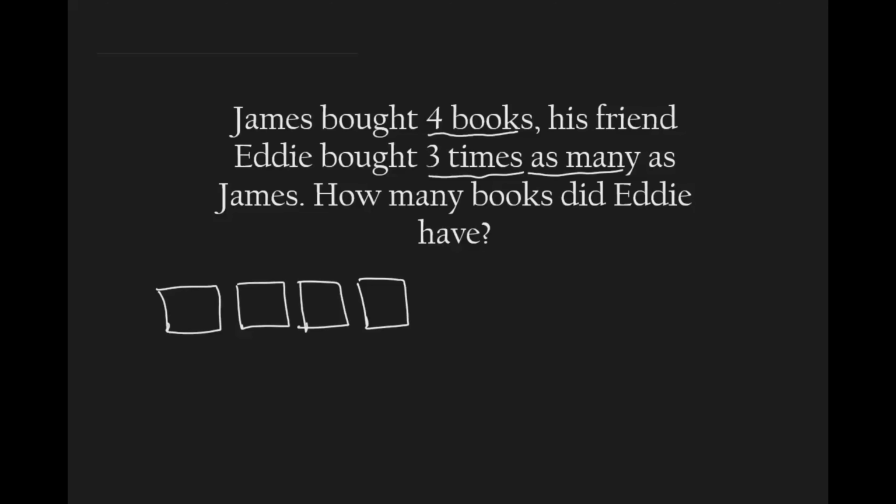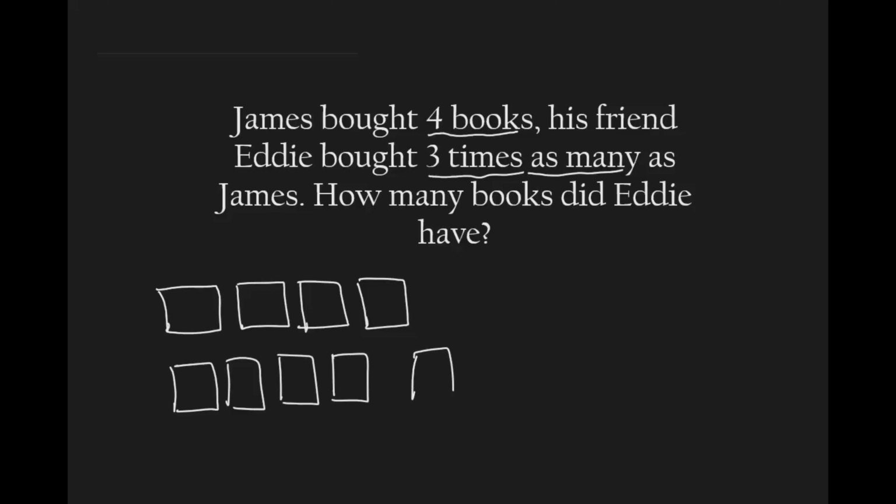And Eddie bought 3 times as many. So we're going to draw 4 books here. So we have 1, 2, 3, and 4. And then we will do the same thing 2 more times because he bought 3 times as many.